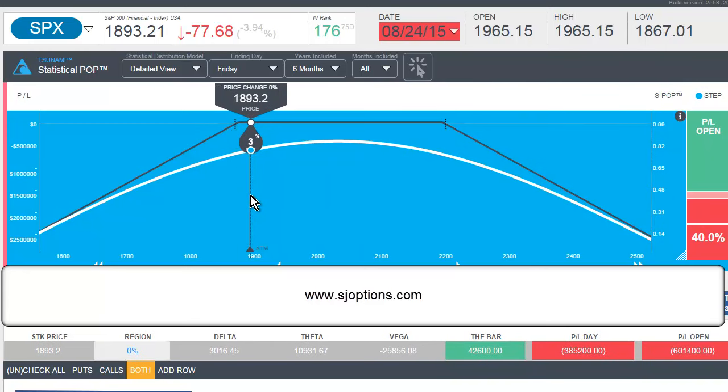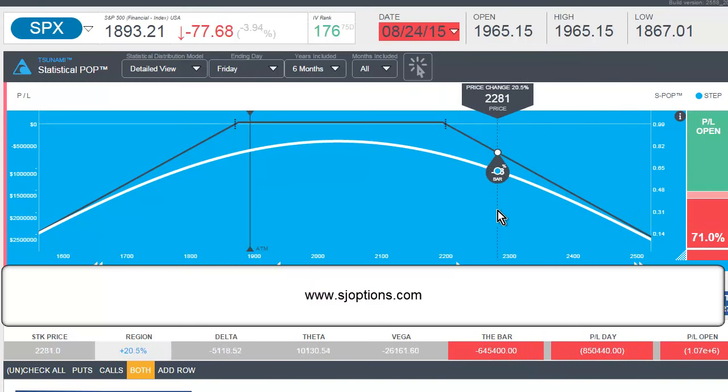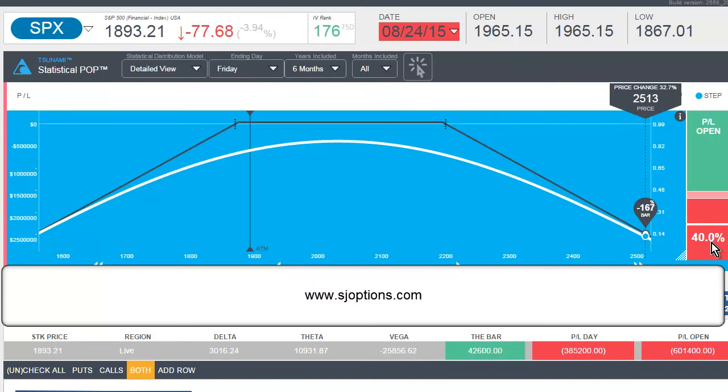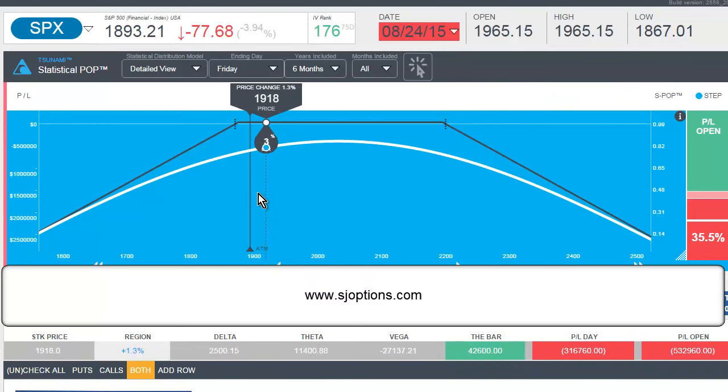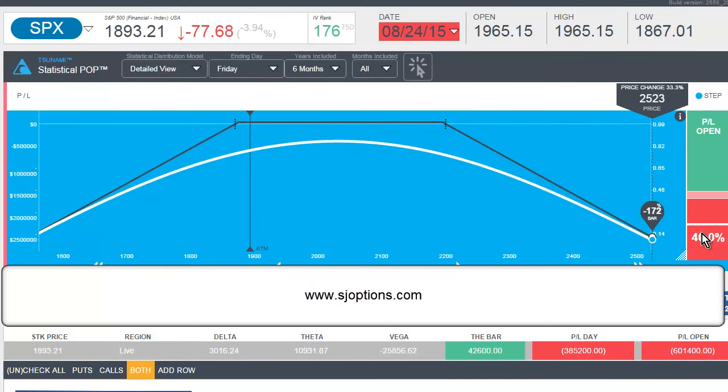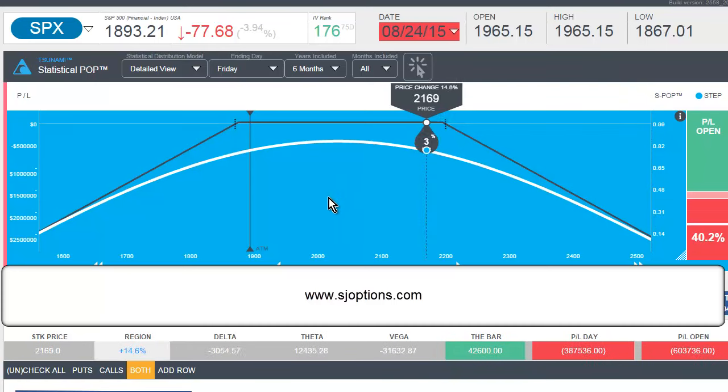one second, let me see something. Yeah, so the 40% that you're seeing over here is based on the new margin, which is $1.5 million. So in our software, the return is going to change based on your buying power.